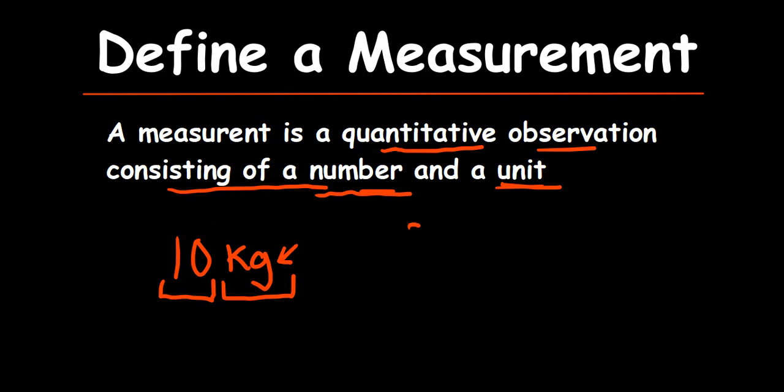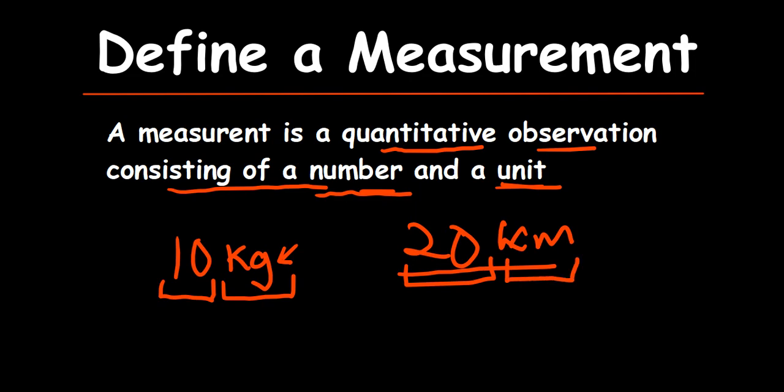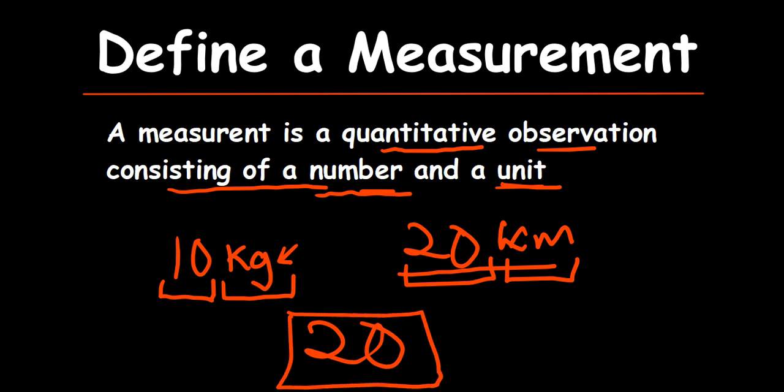Let me write 20 kilometers. Even this one is a measurement because it has a number and a unit. But in the case where I just write 20, this 20 won't be a measurement, because it doesn't have any unit attached to it.